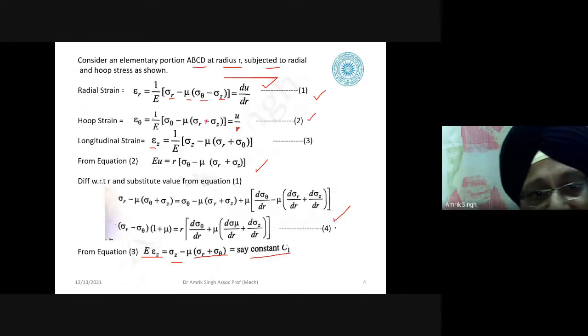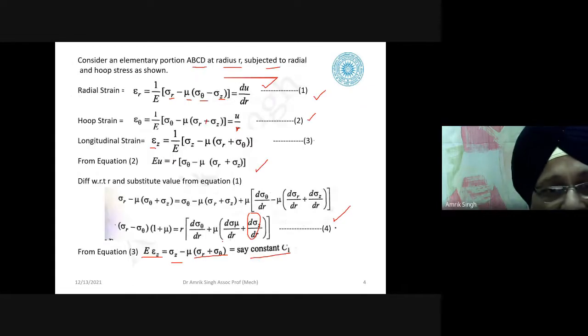Differentiating with respect to r, we get d sigma z upon dr equal to mu into the differential of sigma r and the differential of sigma theta. Substituting this value in equation number 4, we get an equation like this, which we can simplify, and it gives us this fifth equation.